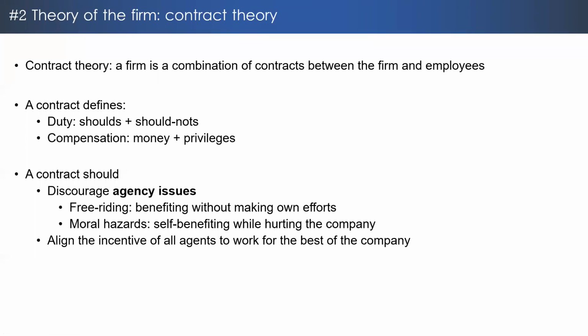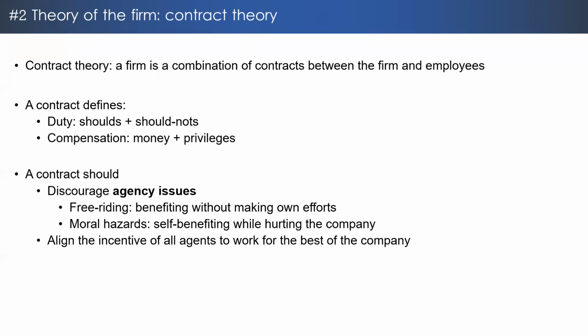How do you stop free riding? For many companies, they have KPIs. So you have to achieve a certain level of performance as an employee, and your performance will be compared with other employees to make sure that you're not slacking and you're doing the job you are expected to do. And there will be bonuses, which are incentives to reward you if you work harder and your performance is better.